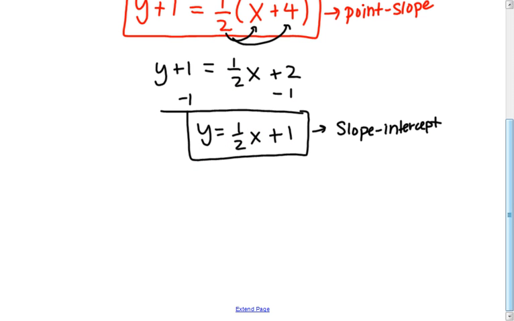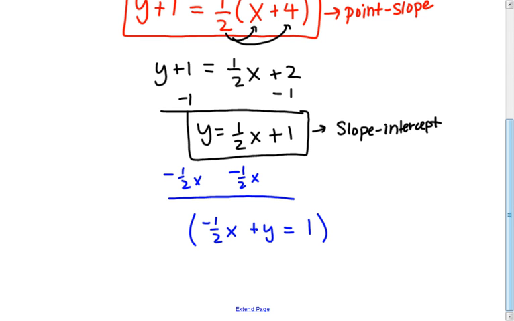Okay. And then to get it to standard form, you would want to subtract the 1/2 x to the other side so that both x's and y's are on the left. And I would have negative 1/2 x plus y equals 1. And then my leading coefficient can't be negative, and I can't have fractions in there.